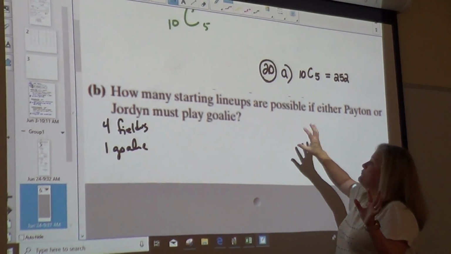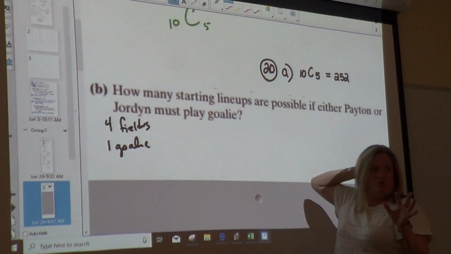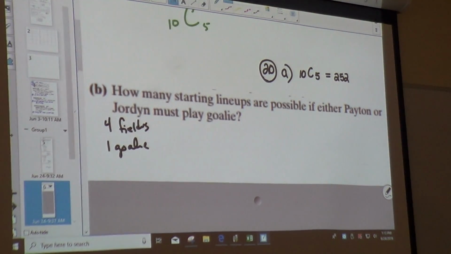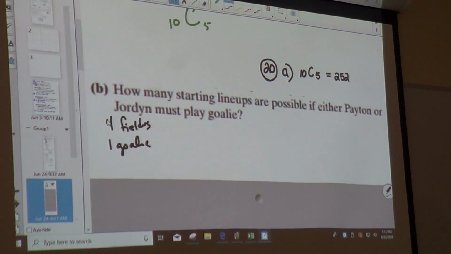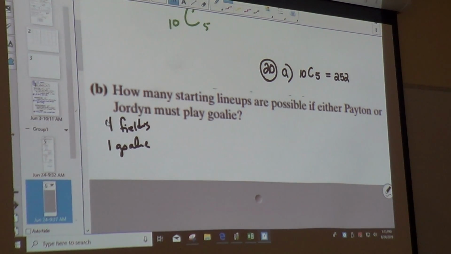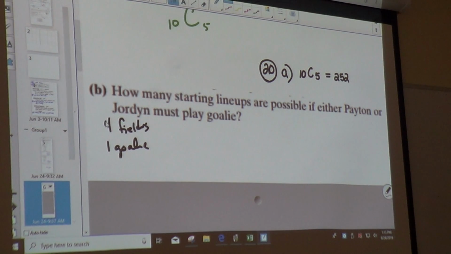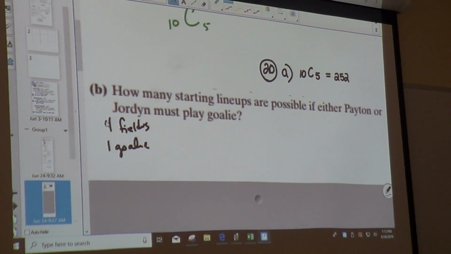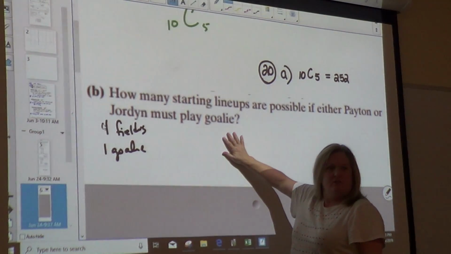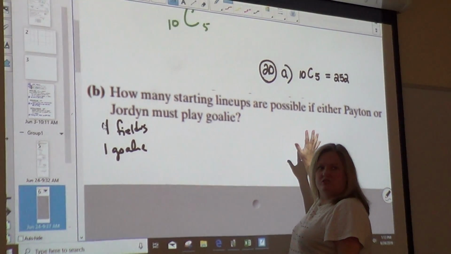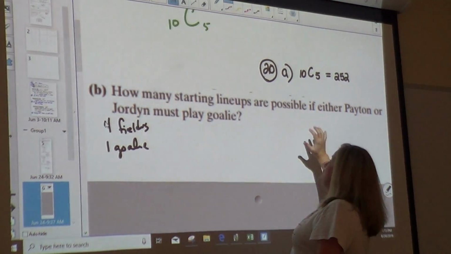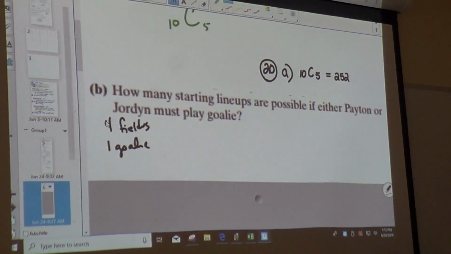We're not doing it over total. Are we doing probability? No, we're just doing combinations. It didn't say probability, so we're not doing total. We're just doing total combinations. We're doing the sample space.